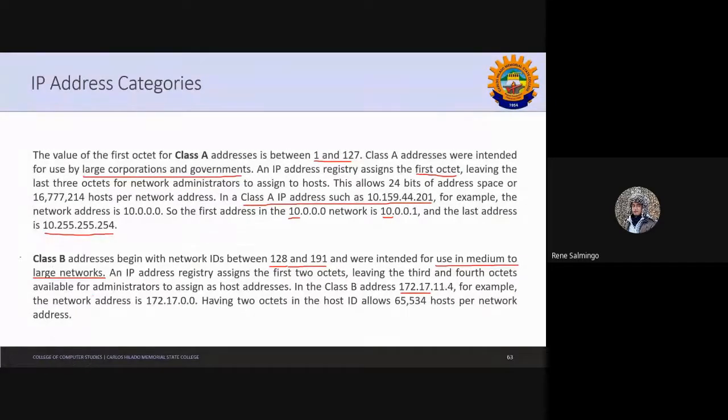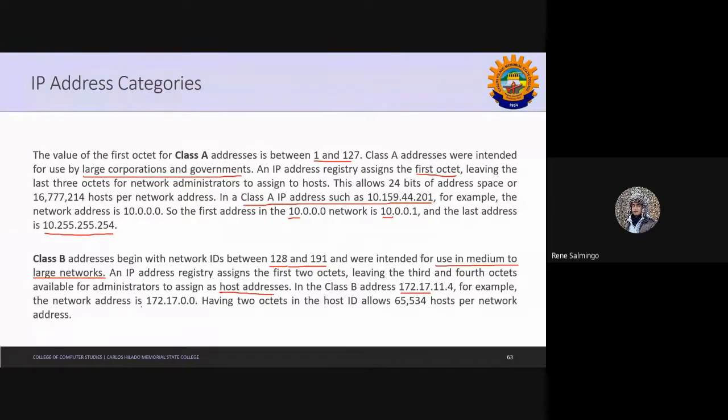For Class B, the first two octets are 172.17. The last two octets are your host address, which the administrator can assign as host addresses.